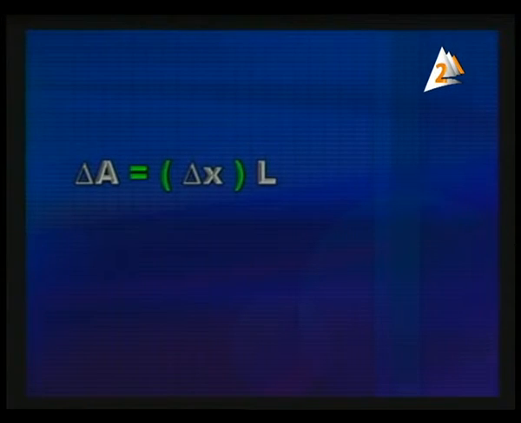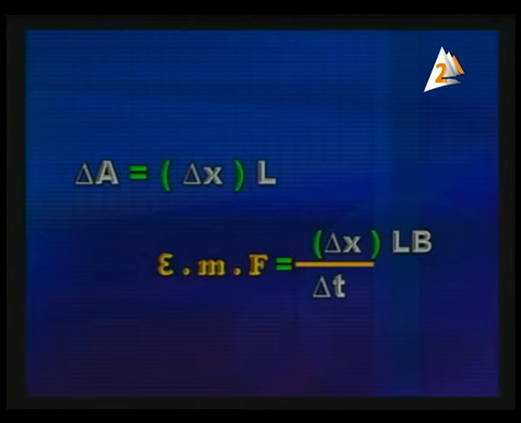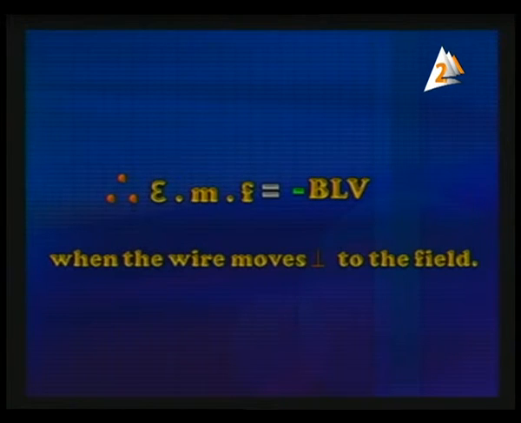As I said, delta A equals delta X times L. So EMF equals delta X times LB over delta T. Delta X is distance. Distance over time gives the velocity. So we can say EMF is equal to negative BLV, where in this particular case the wire moves perpendicular to the field.